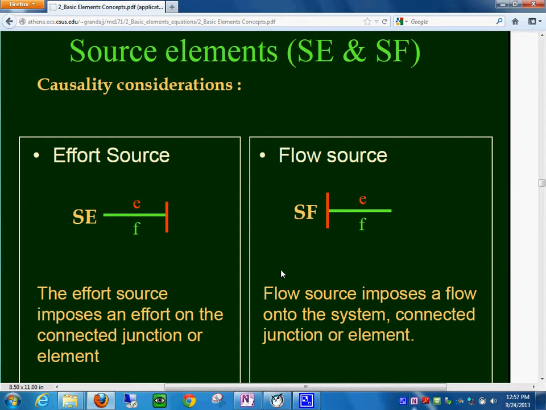So in this case, the effort source is what's important here. The flow is not. I think in fact we're saying it's mainly an effort source, not a combination of effort source and other things. Flow source, you represent it like this.